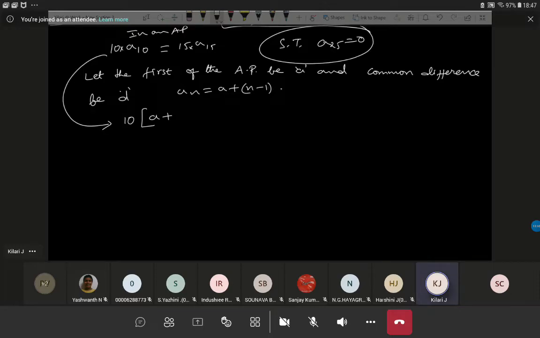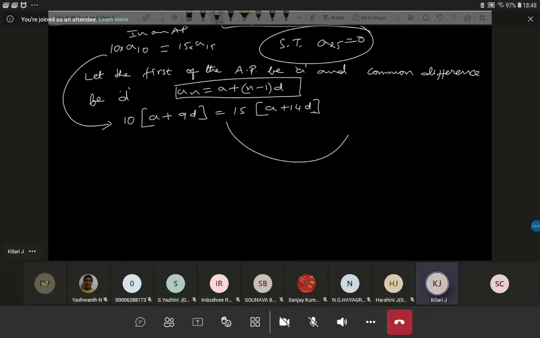It is A plus (n minus 1) into D. Using this formula, we can write 10 times (A plus 9D) equal to 15 times the 15th term, that is, A plus 14D. This is the equation we have.